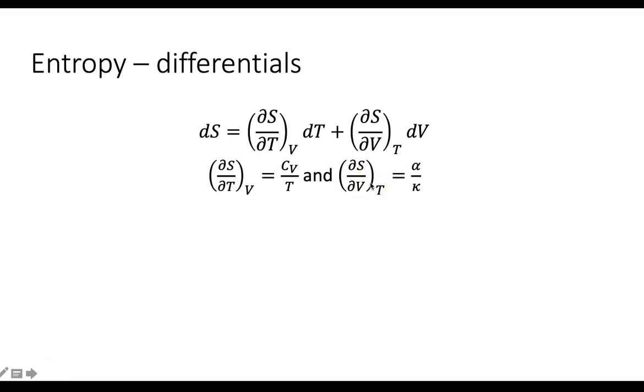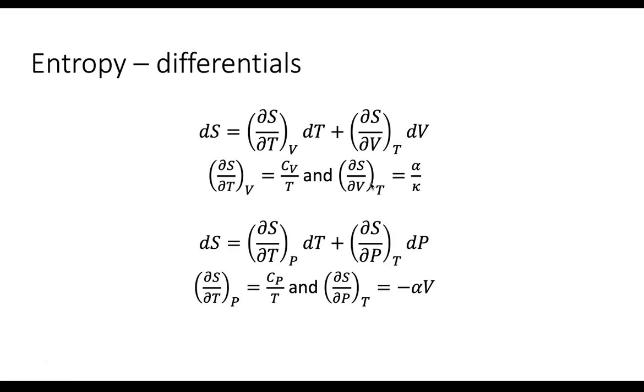Otherwise, it would be derived from a quantity that we could get from an equation of state. If we expand it in terms of T and P, naturally with respect to H, then this is Cp over T, and the partial derivative of S with respect to P is minus alpha V. So here entropy change with temperature change is related to the heat capacity over temperature at constant volume or at constant pressure. We will use that as we go along.